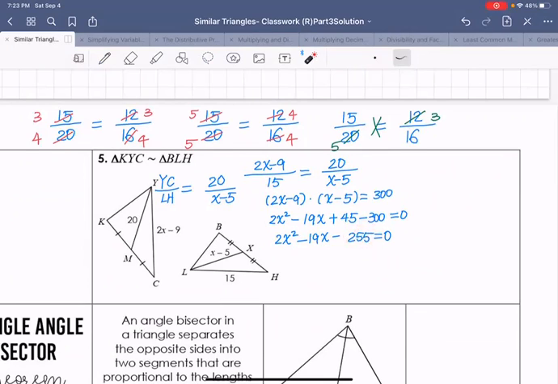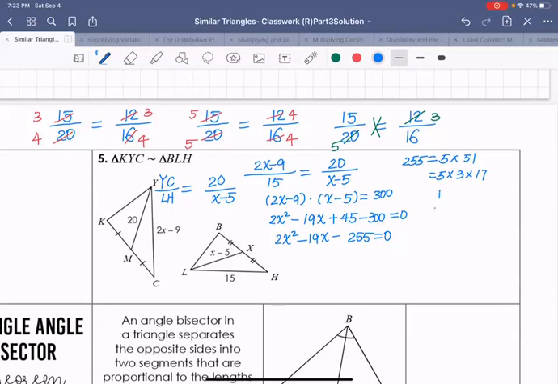So 255 is 5 times 51, and 51 equals 3 times 17.